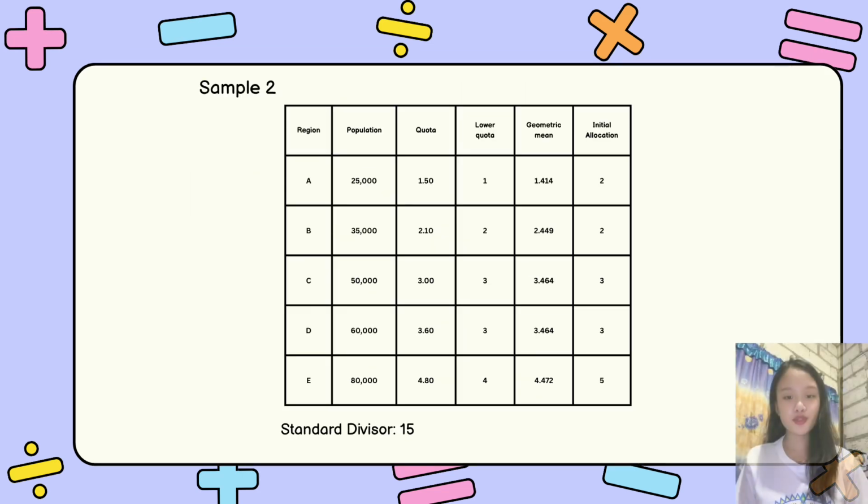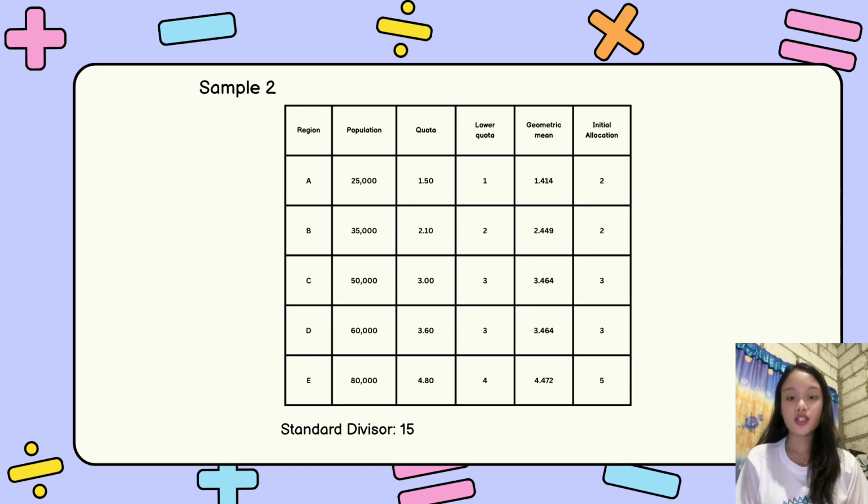For sample number 2, apportioning 15 seats among 5 regions and each region has its own population. For Region A, 25,000, Region B, 35,000, Region C, 50,000, Region D, 60,000, Region E, 80,000.